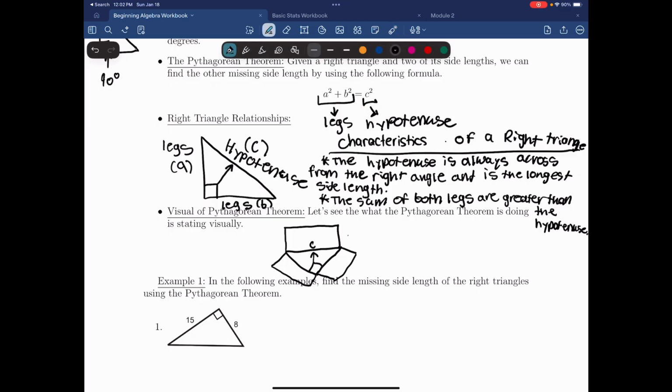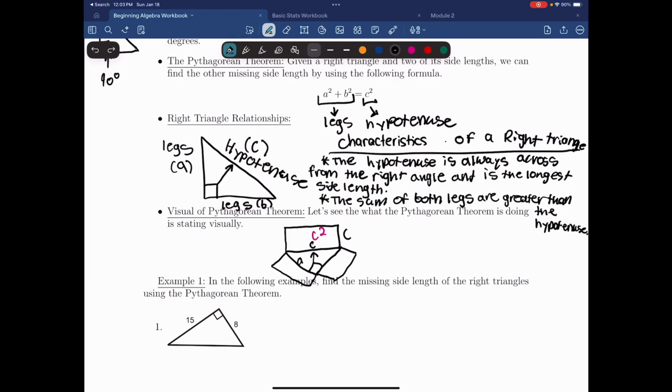Well, visually, to make c squared, we can find the area of this rectangle here. So we have base times height, c times c, well, that's c squared. And then here, this side length, let's say this is side length A, but I could also call this side length B. So just remember that A and B are interchangeable.